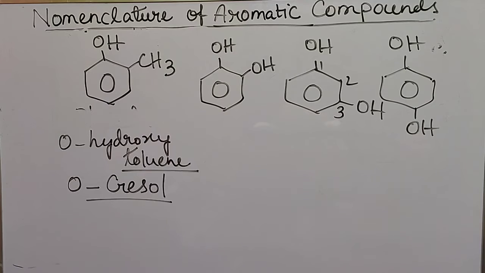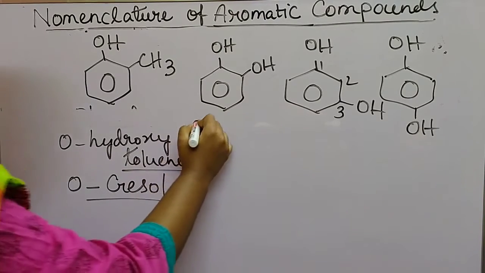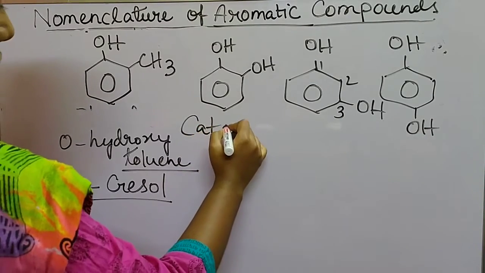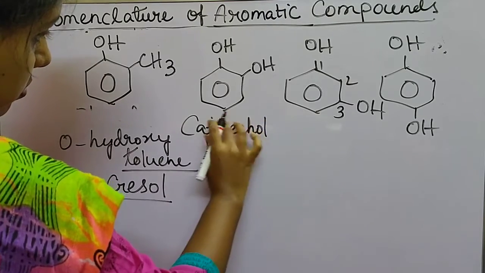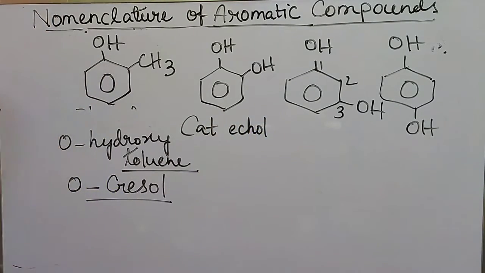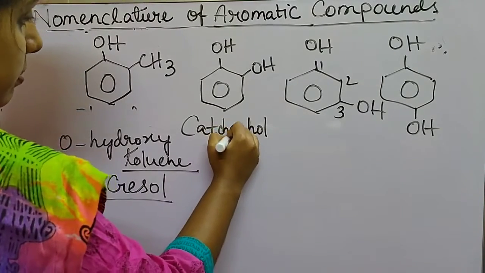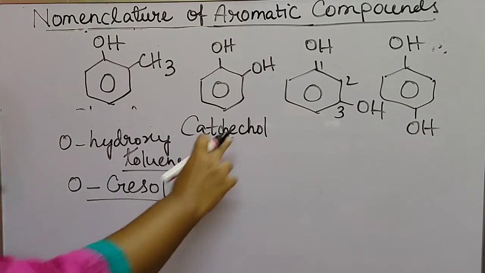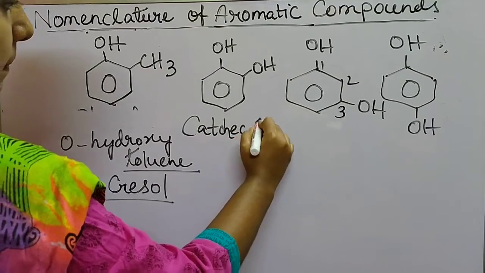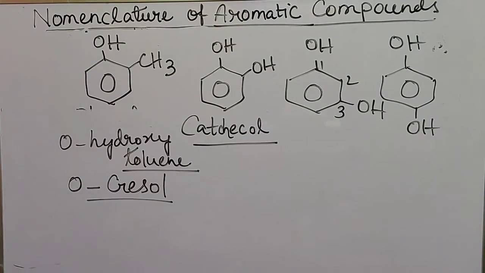Okay, but there are some common names which are also very useful. So what are the common names for them? When this is present in an ortho compound, then the name is catechol. Catechol: CAT, CHE, COL.